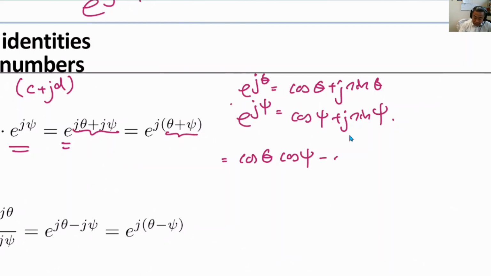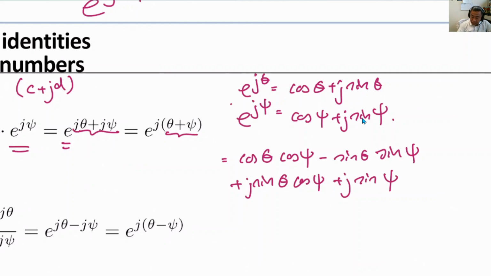So we have minus sine θ sine ψ. And then we have the first expression over here. And then we are going to collect the imaginary terms, which is j sine θ multiplying by cosine ψ, and then we have this term here, plus j sine ψ cosine θ.